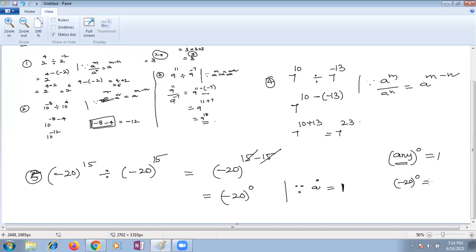Yes, 15 is odd, so you are getting 20 to the power 15 in the numerator and also 20 to the power 15 in the denominator. Both are cancelled, and we get only one value. This is the way we get it.